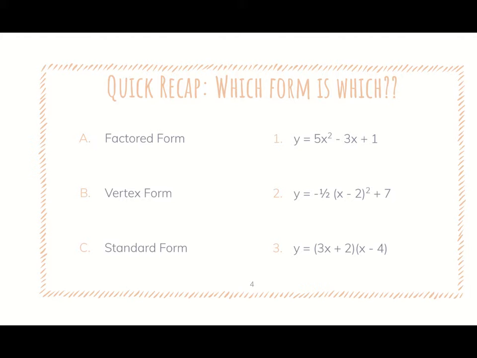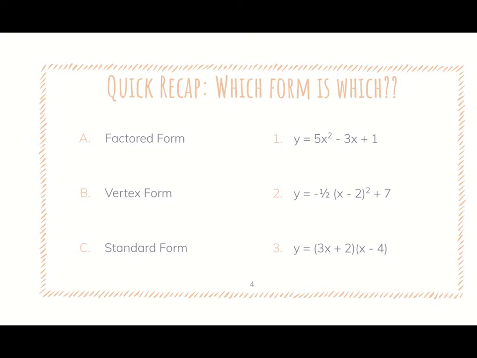In the response, match them up. Say A1, B2, C3. Obviously that's not the order, but match A with the number it corresponds with, B with the number it corresponds with, and C with the number it corresponds with. Then continue on with the video to make sure you've got them all correct.